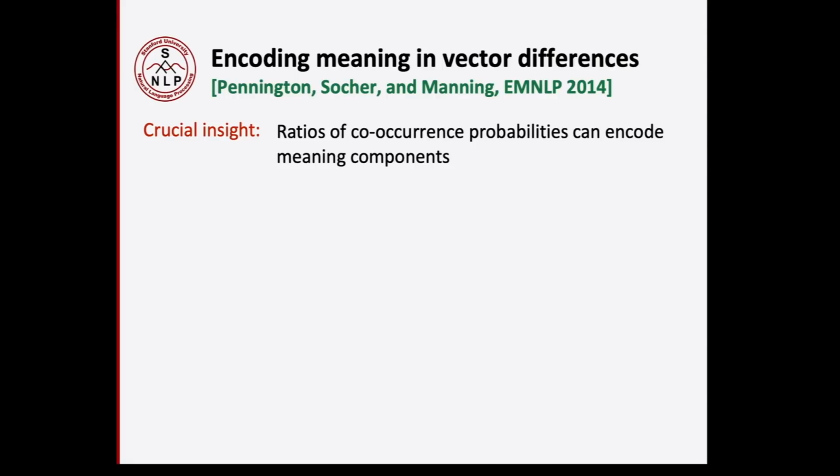And so in particular, we wanted to get the result in a slightly less hacky way, that you want to have components of meaning being linear operations in the vector space, that they're just some vector you're adding or something like this. And so the crucial observation of this model was that we could use ratios of co-occurrence probabilities to encode meaning components.